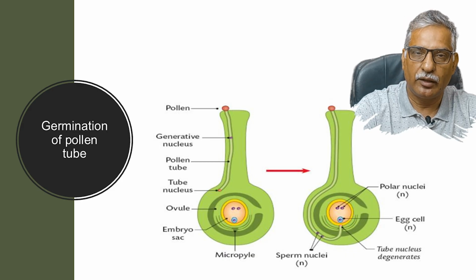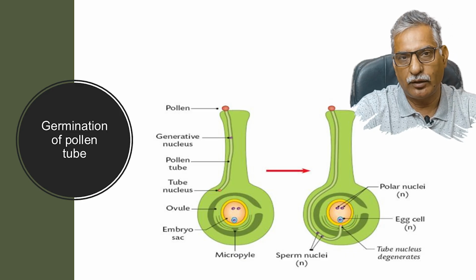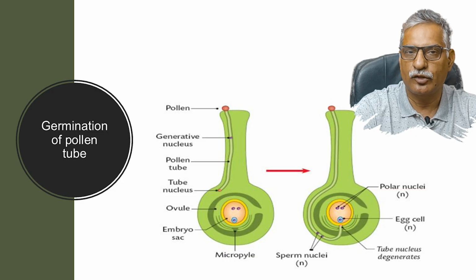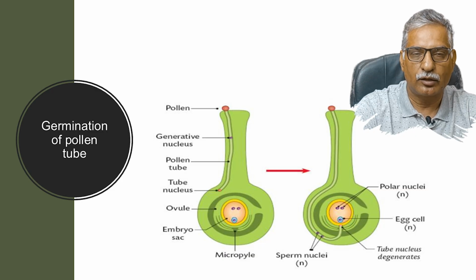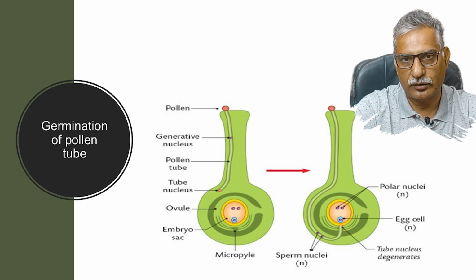Meanwhile, the pollen grain had a nucleus that had already divided into two nuclei. One nucleus that is close to the tip of the pollen tube is known as the tube nucleus, also known as the vegetative nucleus.